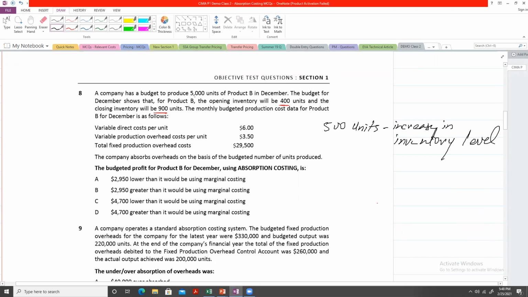The company has budgeted to produce 5,000 units, and the budgeted fixed production overheads are 29,500.